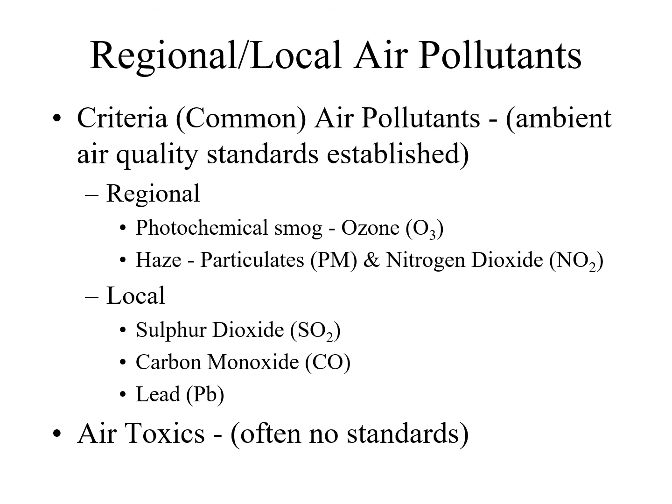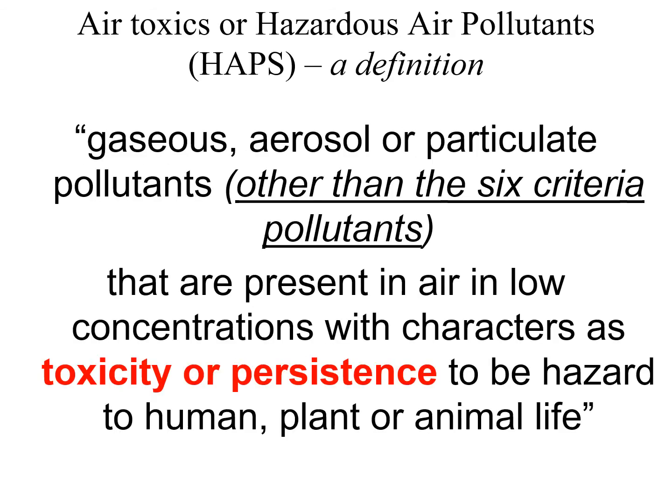Regional and local air pollutants. Criteria common air pollutants, with ambient air quality standards established: regional, photochemical smog, ozone, haze, particulate matter and nitrogen dioxide; local, sulfur dioxide, carbon monoxide, lead. Air toxics often have no standards.